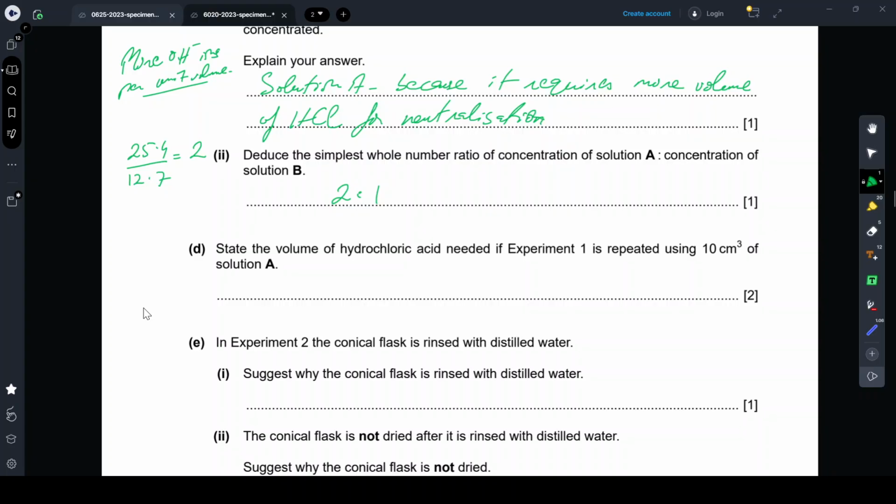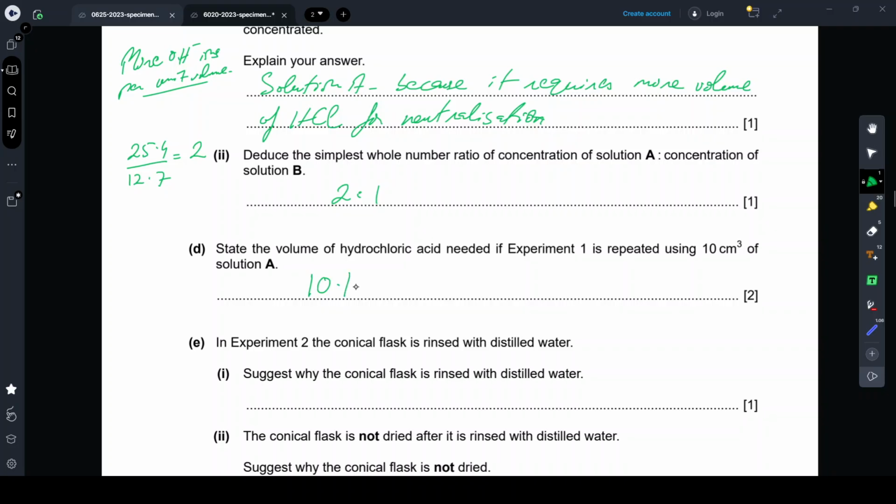So how much? 10 centimeter cube divided by 25 centimeter cube, multiplied by 25.4. That will give us 10.16.